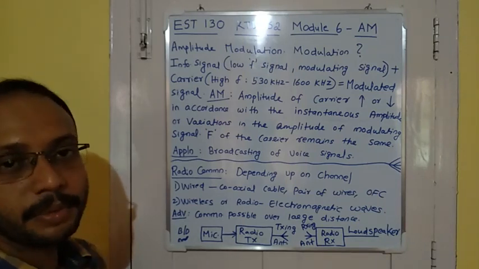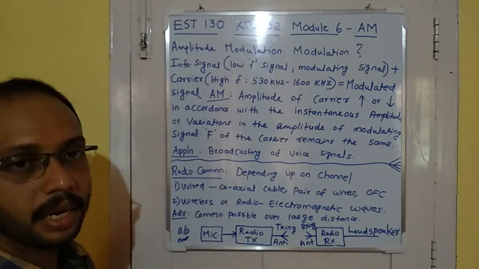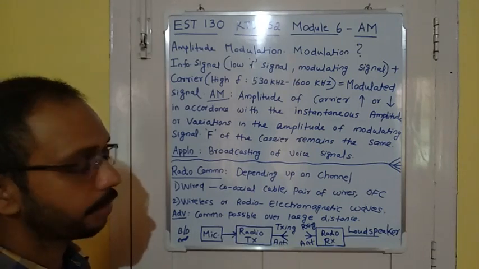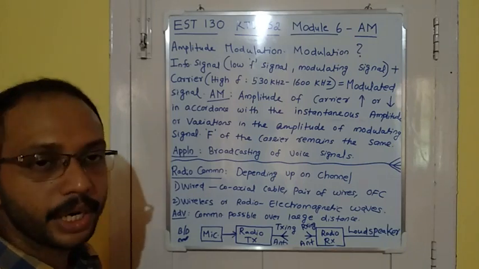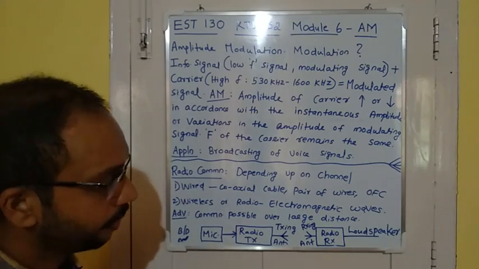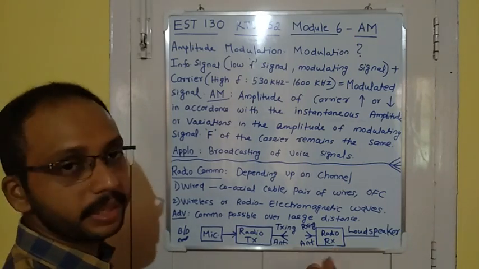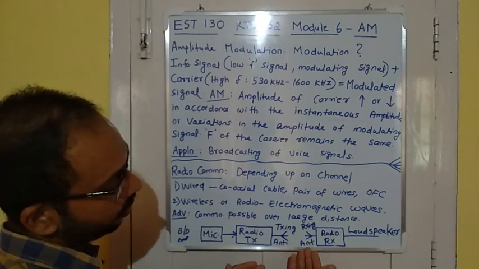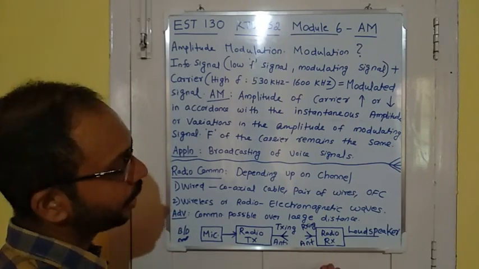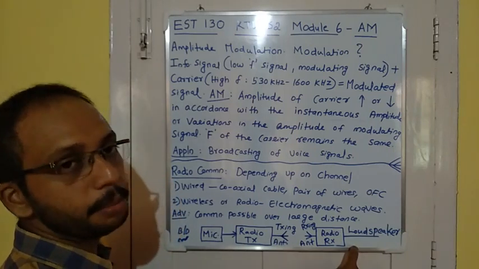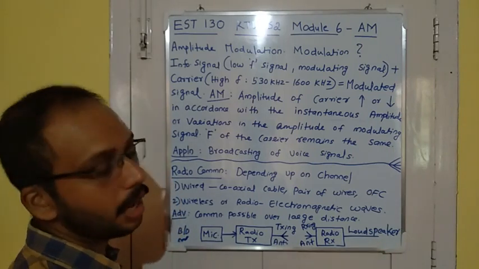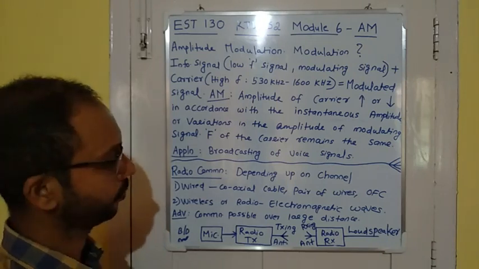In the receiving section, the receiving antenna receives the signals by proper tuning. And we have a radio receiver converting the received signal back to electric signals, and it is reproduced in the loudspeaker section.